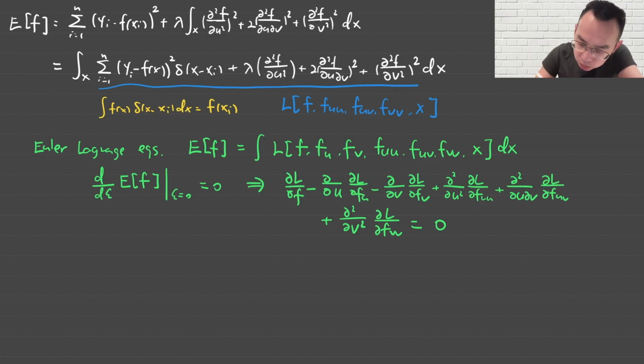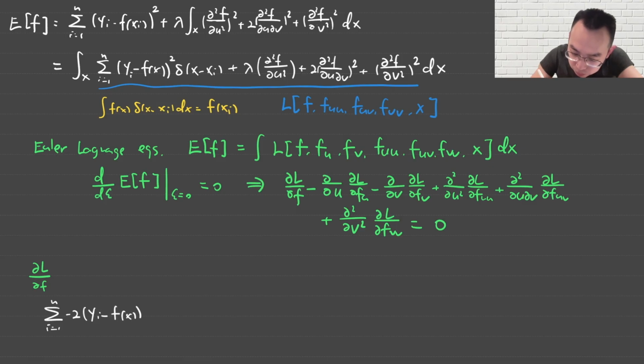First we'll have partial L partial f. Only the residual square term has the function f, so that's going to give us some, and then minus 2 (y_i minus f of x) delta (x minus x_i).